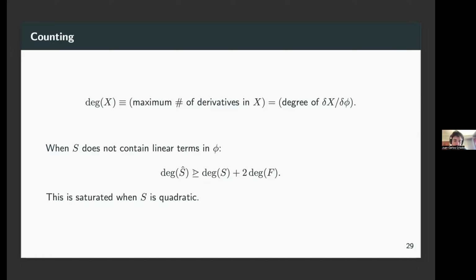Maybe the nicest one is this one. So if the original action does not contain linear terms in phi, so it's quadratic or higher, then you get that the degree of the redefined equation is greater than or equal to the degree of the original equation plus 2 times the degree of the field definition. And this relation is saturated when the action is quadratic, and you have an equal sign here.